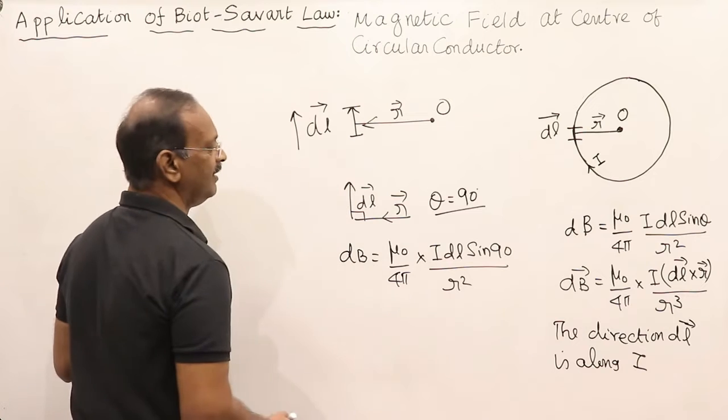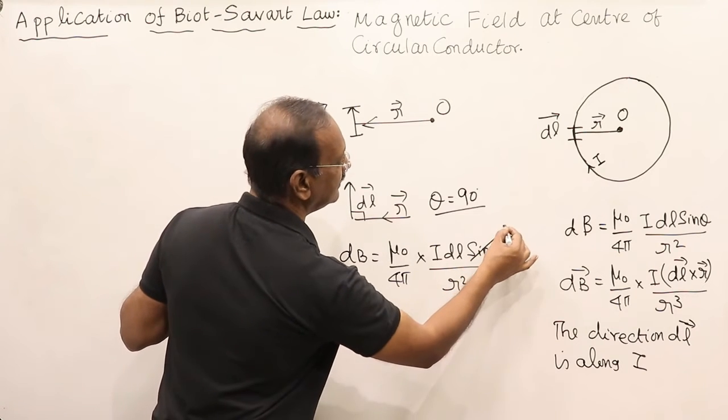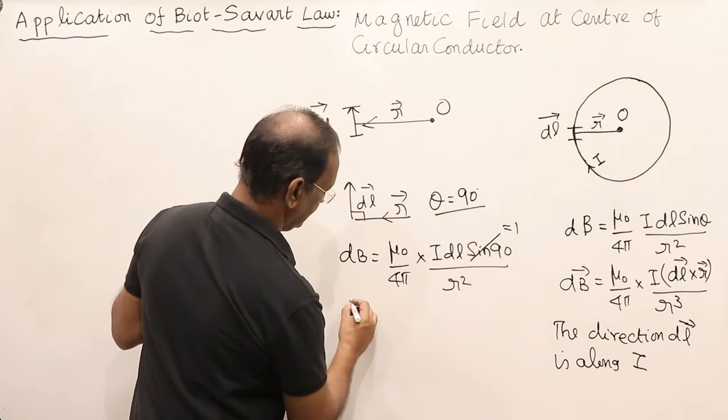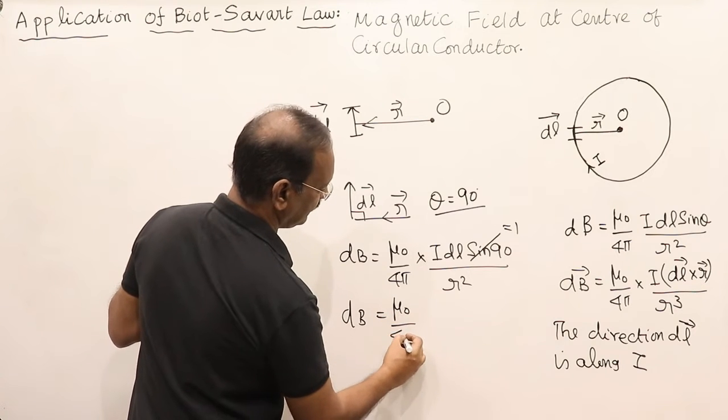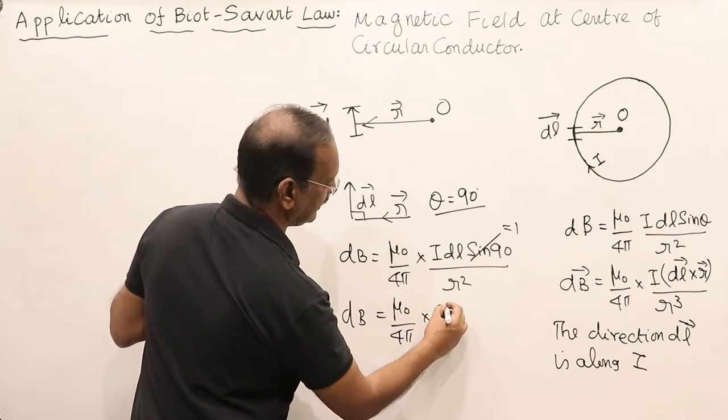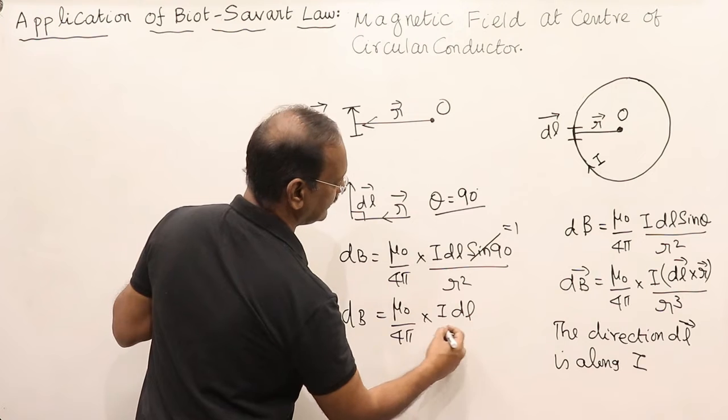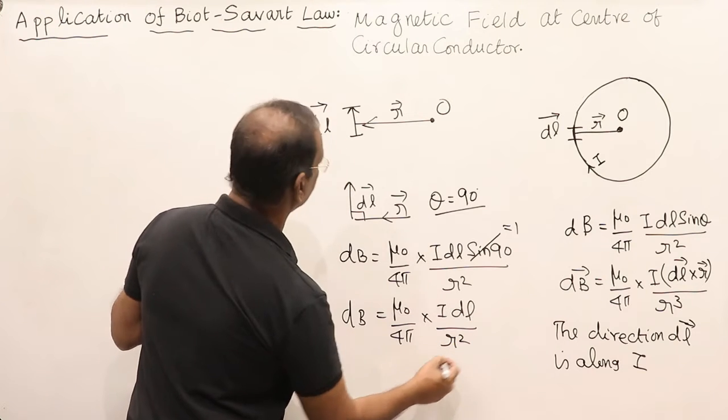We take it in the magnitude form. Sine 90 is equal to 1. So the dB is equal to mu naught by 4 pi into I dl divided by r square.